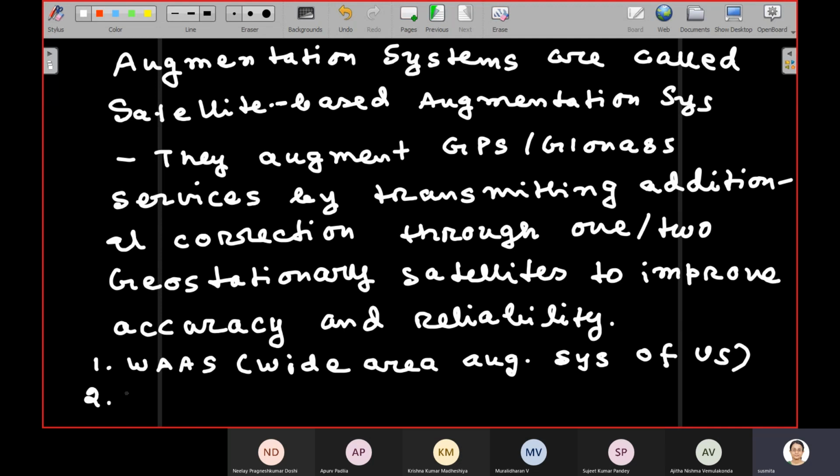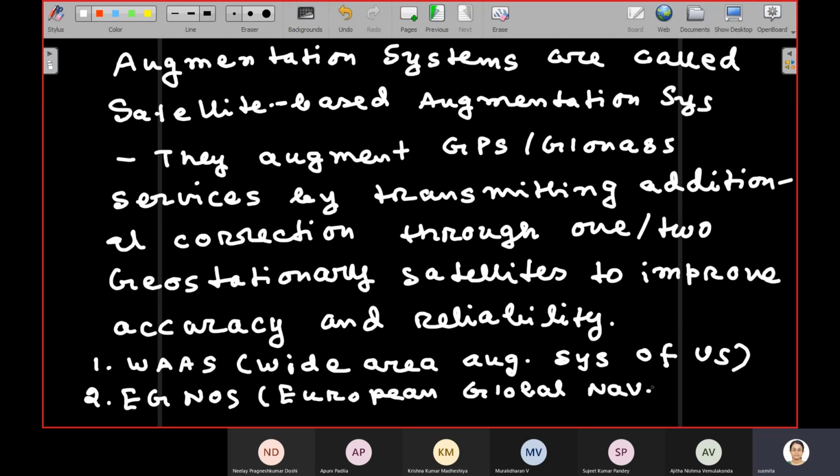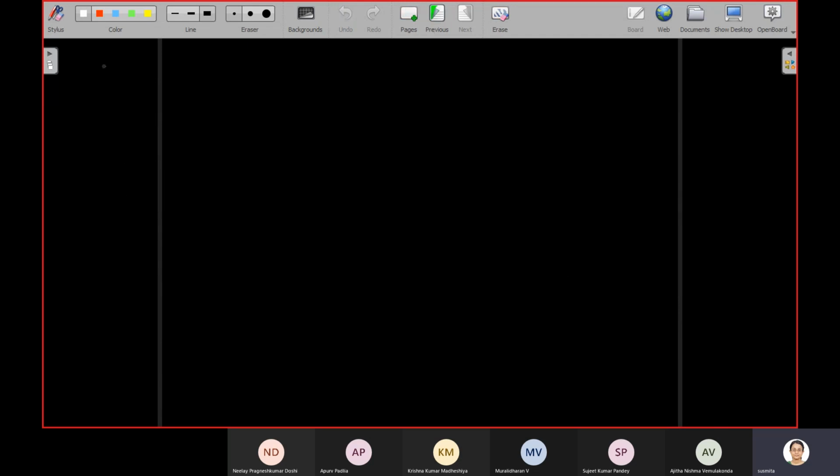Then EGNOS, the European Geostationary Navigation Overlay System for Europe.